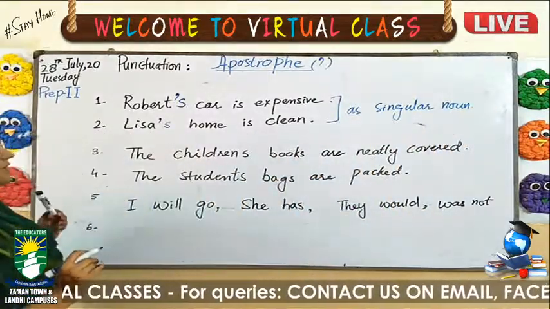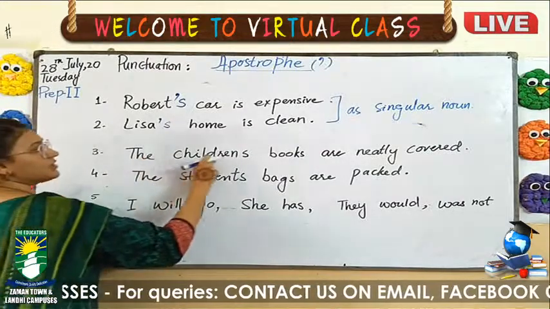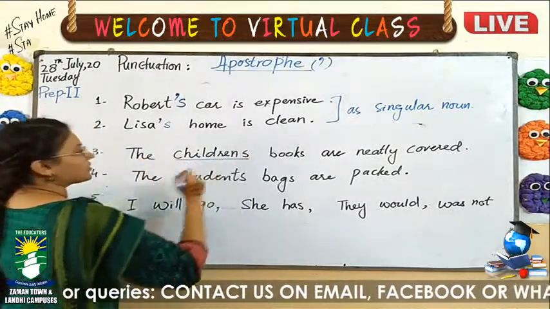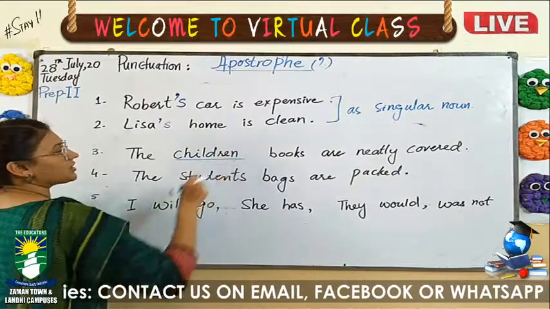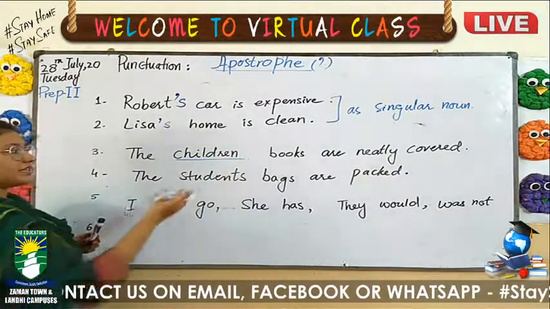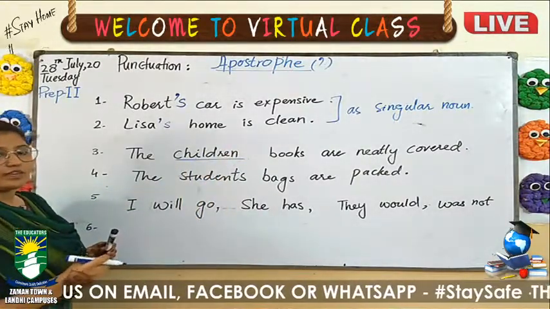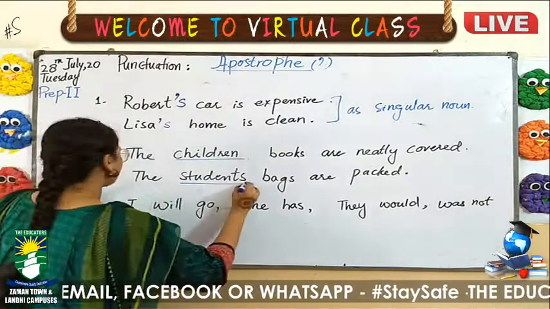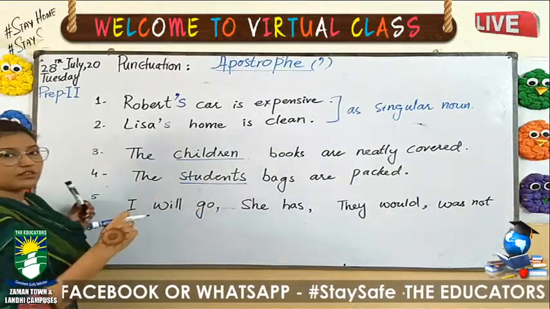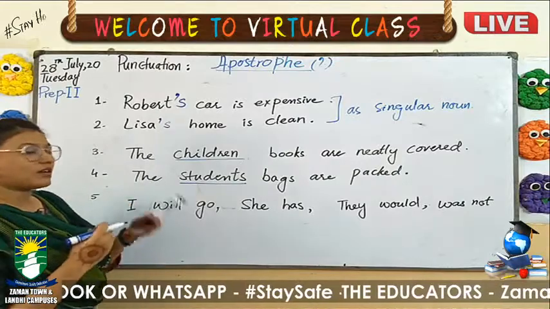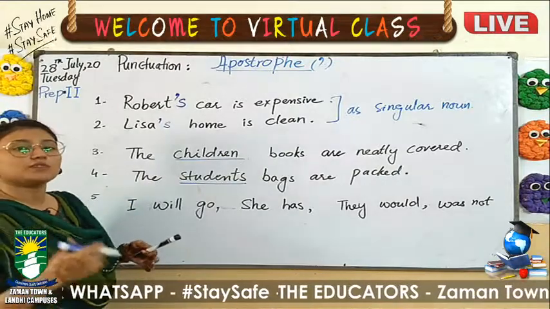In sentence number 3, the children's. We know that children is itself a plural noun, but it does not have s. In sentence number 4, students: when we make the plural of student, it becomes students.